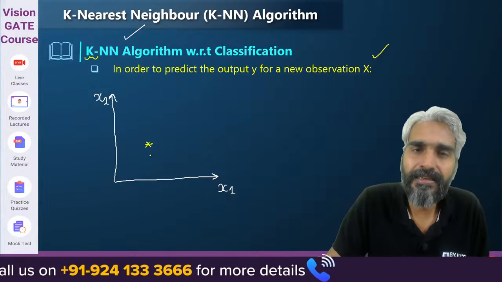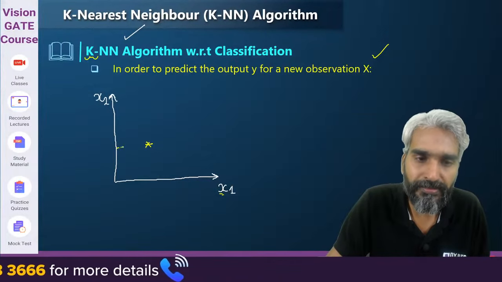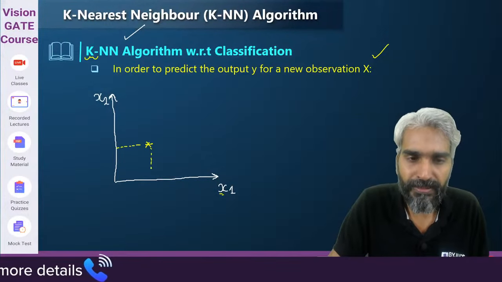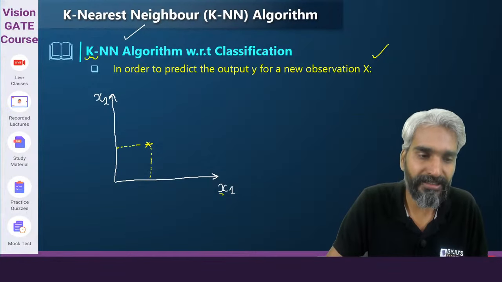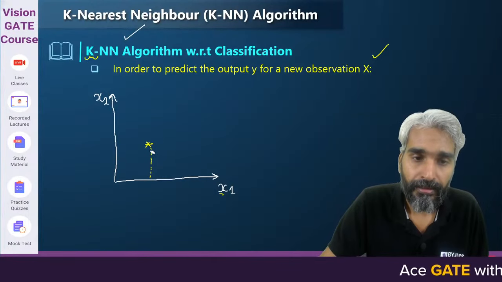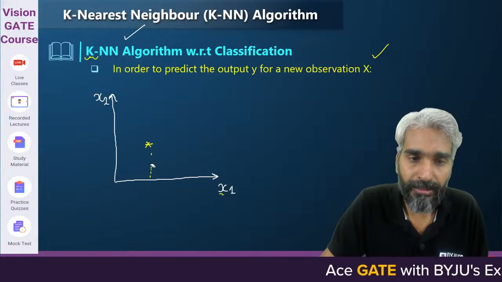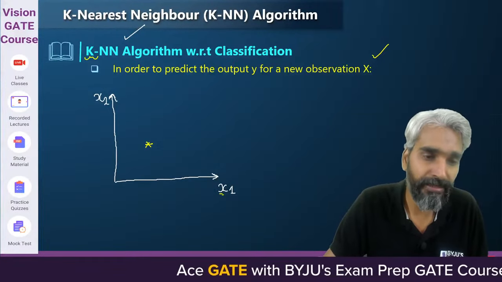Does it say that when the value of x1 is this, the value of x2 will be this much? Is that what is being predicted by this model? No. Please try to understand: x1 and x2 both are your input variables. Both are your input variables.